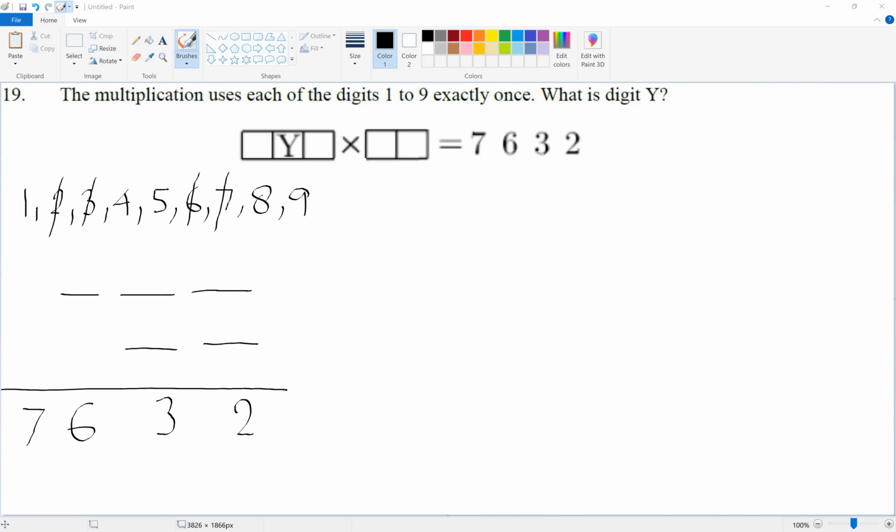We can put them either at the end places, and then there's 9 left, so we can put it at the tens digits. Okay. But there is a lot of trial and error to be done, right?